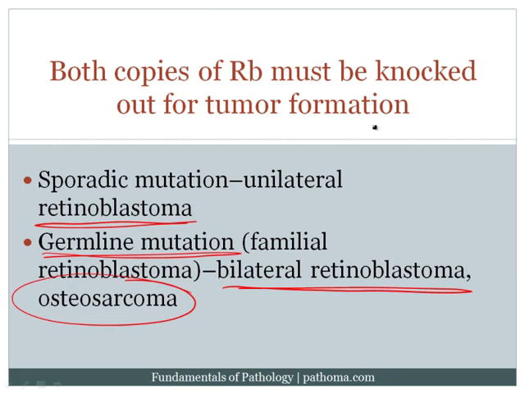Now let's take for a moment a very simple example. I'm going to go to my whiteboard here and just explain something. Let's pretend that there is a patient, and we're going to draw a couple copies of retinoblastoma.